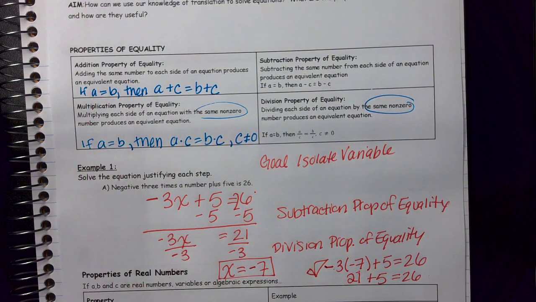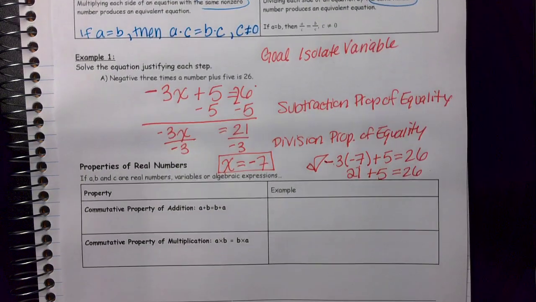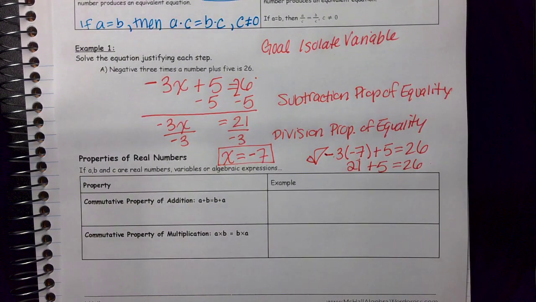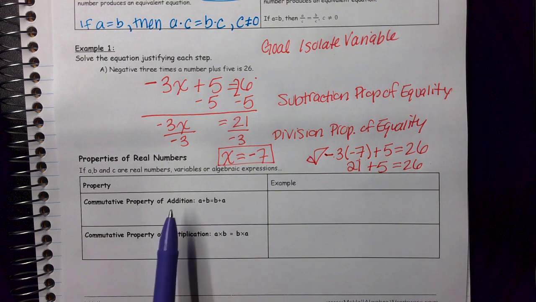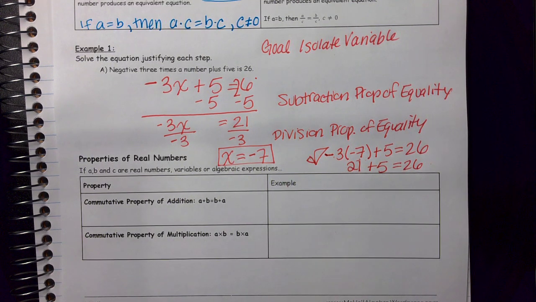Okay, we move from properties of equality to properties of real numbers. If A, B, and C are real numbers, variables or algebraic expressions, then the following properties hold true. We begin with the commutative properties of addition and multiplication.